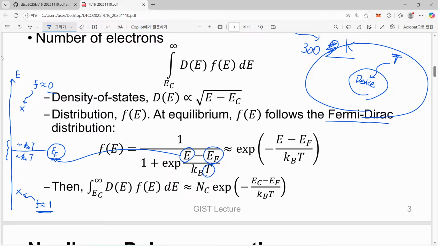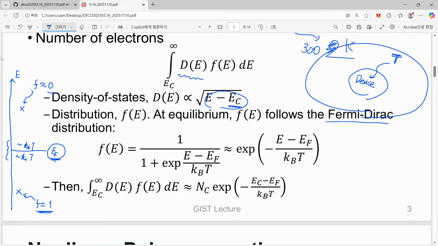We can assume Fermi-Dirac distribution because electrons are fermions. And another factor we have to consider is density of state. But in this case, usually we assume density of state follows the square root of electron energy measured from its conduction band minimum.